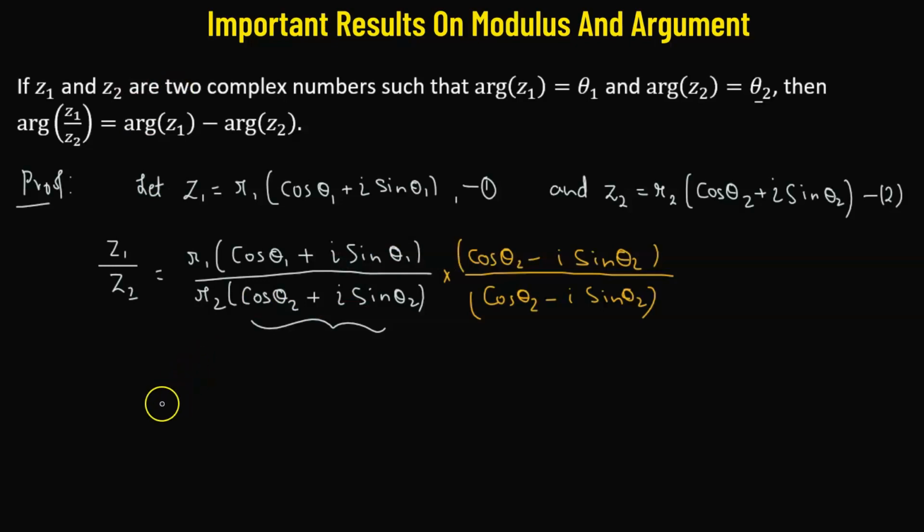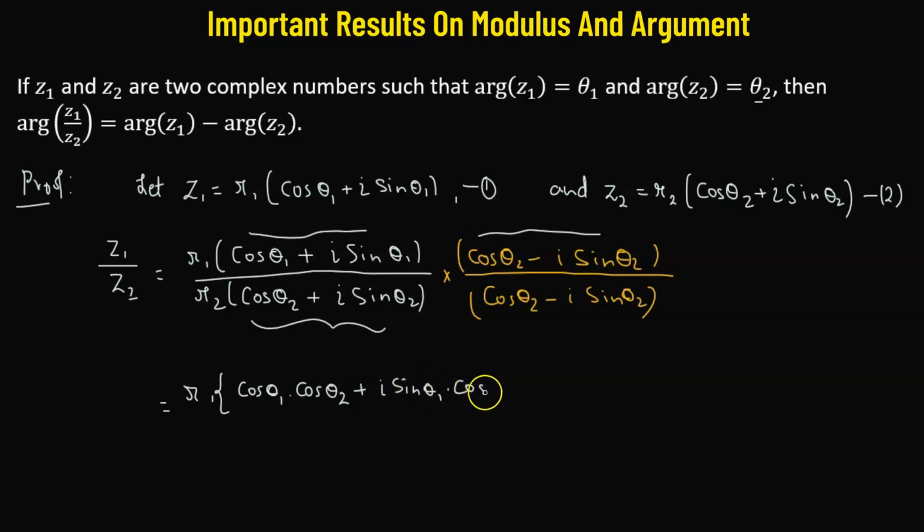So let's begin. In the numerator, all we have to do is multiply this particular expression with this particular expression. So we will have cosine of theta 1 times cosine of theta 2 plus i times sine theta 1 times cosine of theta 2 minus i times sine theta 2 times cosine theta 1 and negative iota squared times sine theta 1 times sine theta 2.